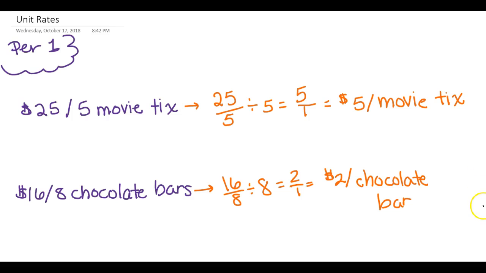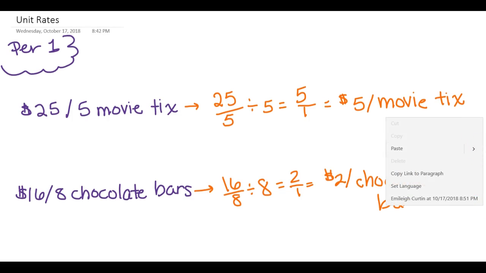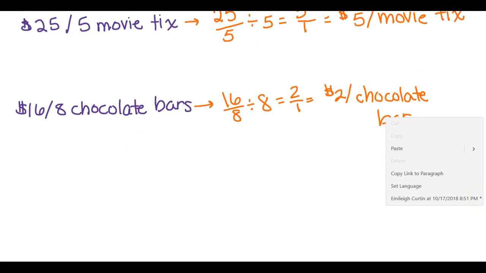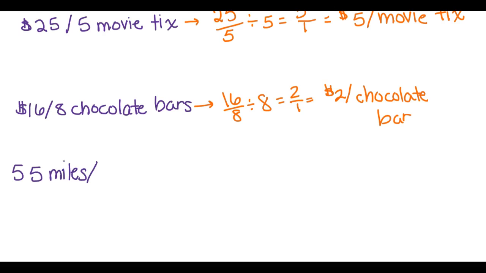Okay. So think maybe driving. I know that you guys can't drive yet, which I'm very thankful for. So if we are talking about going 55 miles in 5 minutes, okay? So then what we're going to do, again, it's the same thing. We're going to put it as a fraction, so it's going to be 55 over 5.